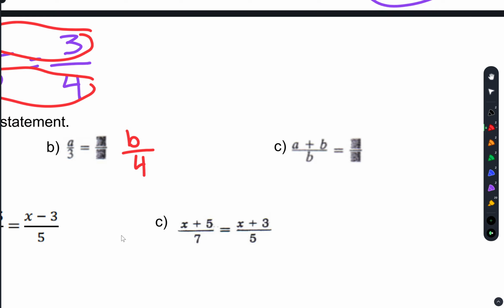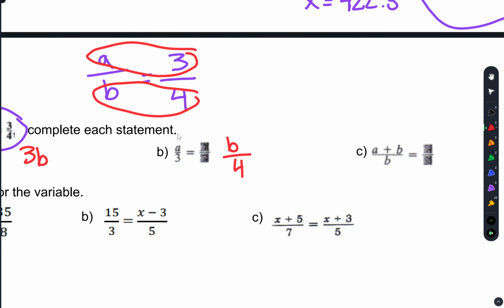Here's the weird one. A plus B over B equals blank over blank. This one's nice. They did it with the variables for you first, so you can see what's going on very clearly. It's A plus B over B. That's numerator plus denominator over denominator.